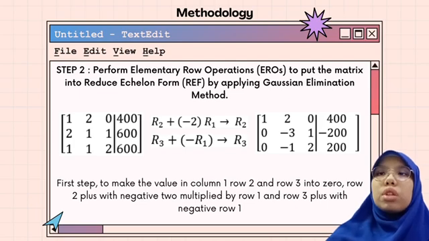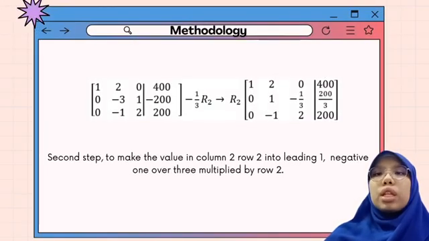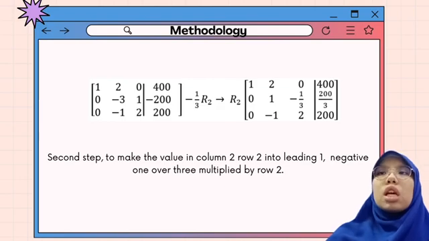The result at row 3 is 0, negative 1, 2, 200. Second step, to make the value in column 2, row 2 into a leading 1: negative 1 over 3 multiplied by row 2. The result at row 2 is 0, 1, negative 1 over 3, 200 over 3.